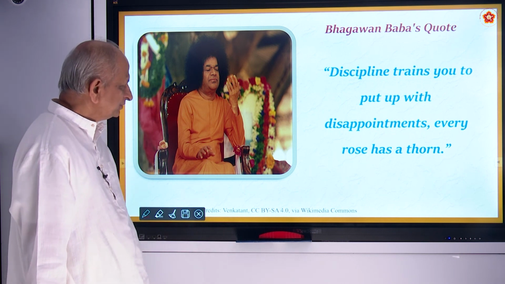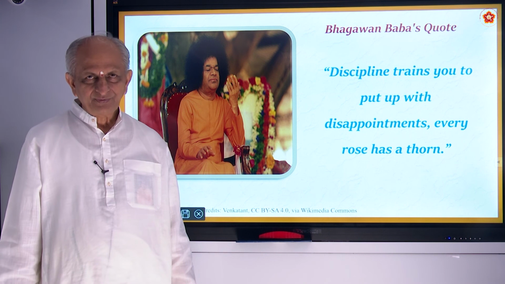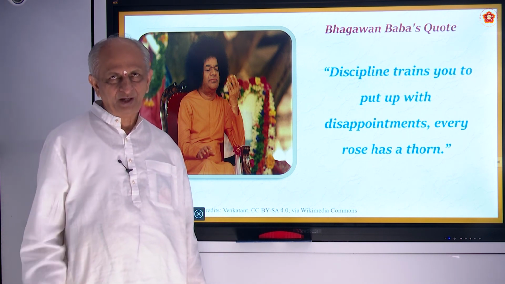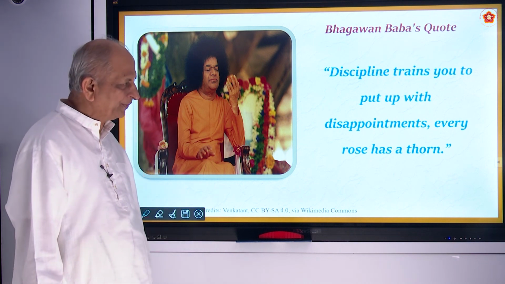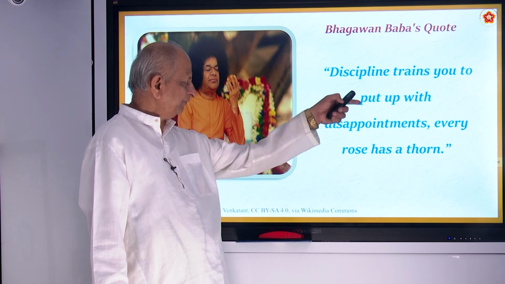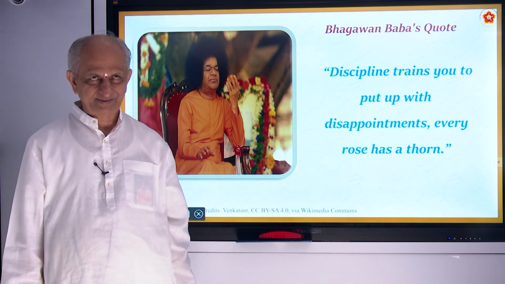So if you are disciplined, coming in time for the classes, going also in time, everything in time in all places, doing homework in time, all this will give you the strength to overcome disappointments.